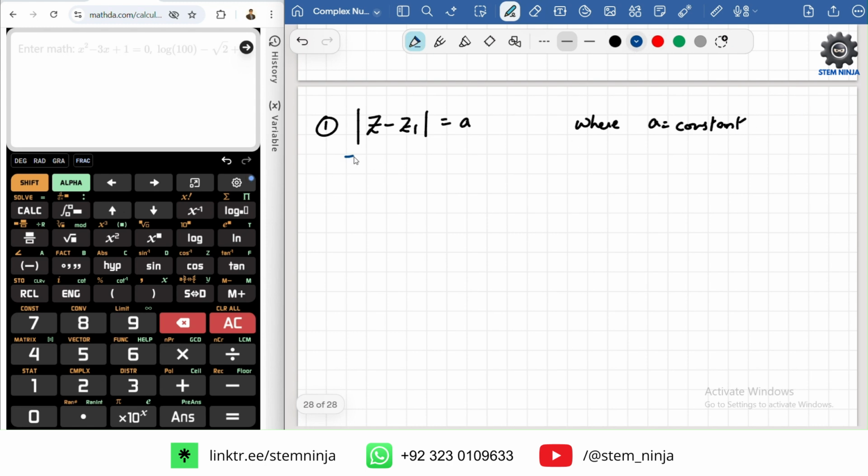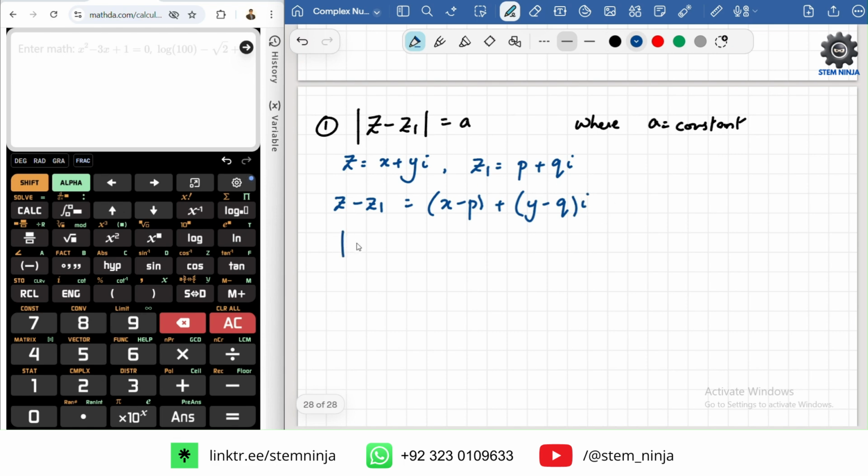So what we do is we start by saying z is some x plus yi, and z1 is, let's say for example, p plus qi. Okay, so z minus z1 would become (x minus p) plus (y minus q)i, right?